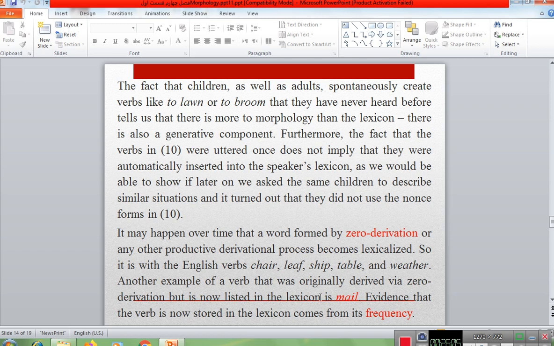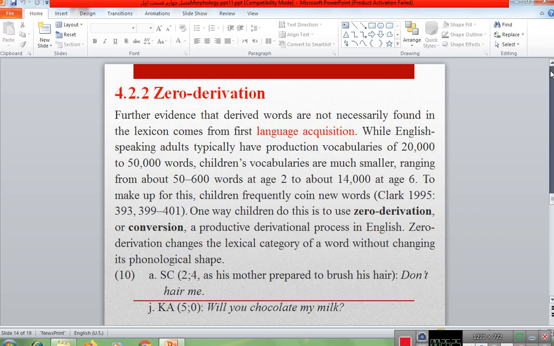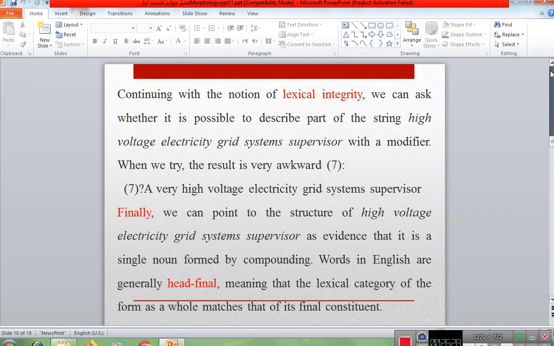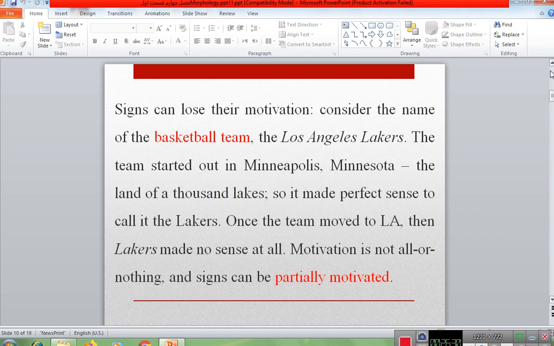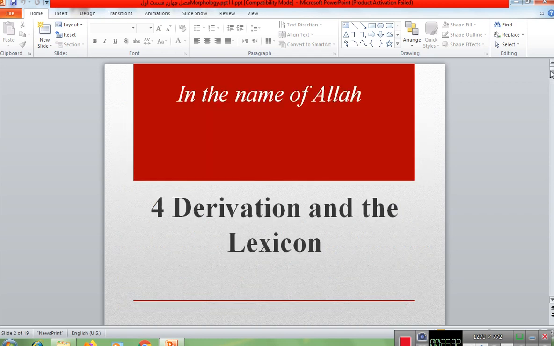So we can save this kind of word in our memory, like mail here, and the frequency determines this kind of lexicon. So in this session, I talked about the relationship between lexical derivation and the lexicon.